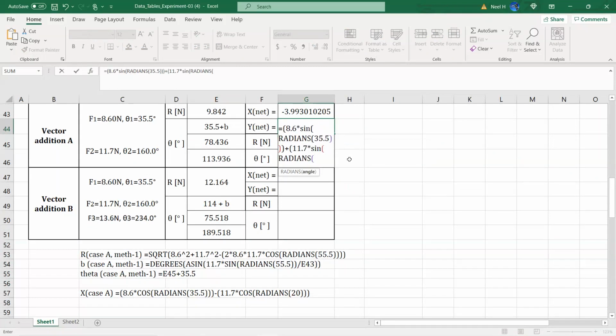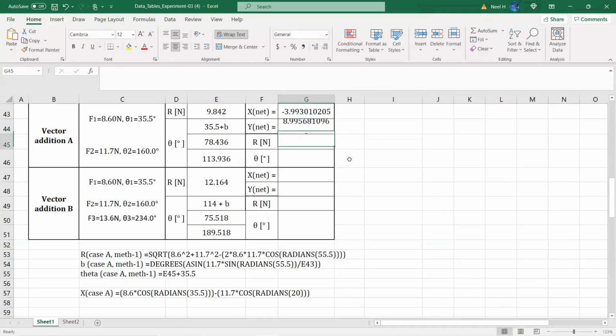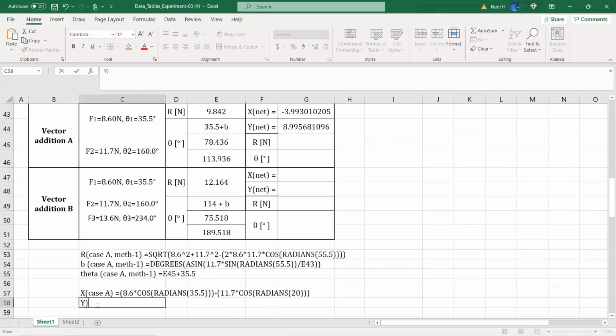I'm using the angle from the negative side, that is 20, close bracket once, twice, 3 times, hit enter. That is the resultant y component in the upward direction. Okay, this is going to be y. We can say y for case A.